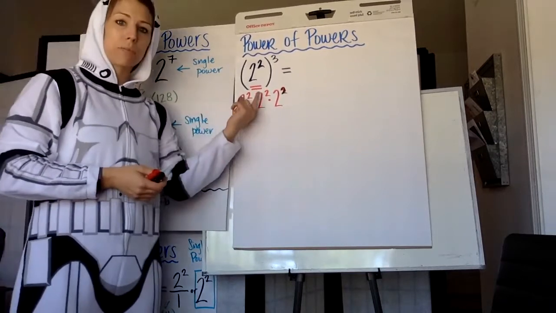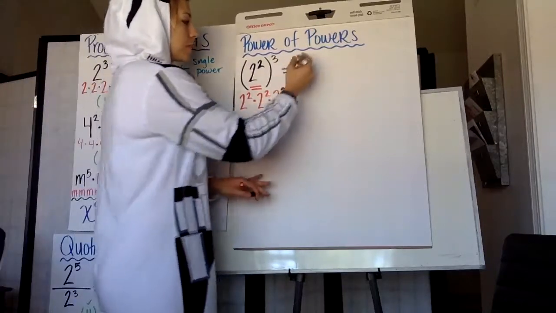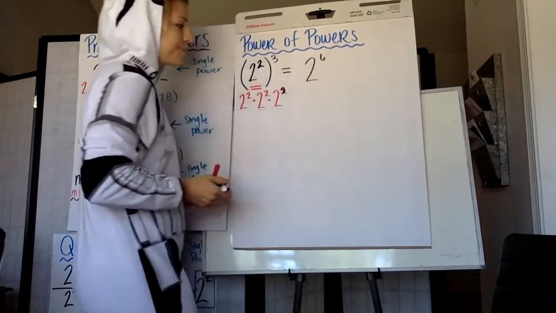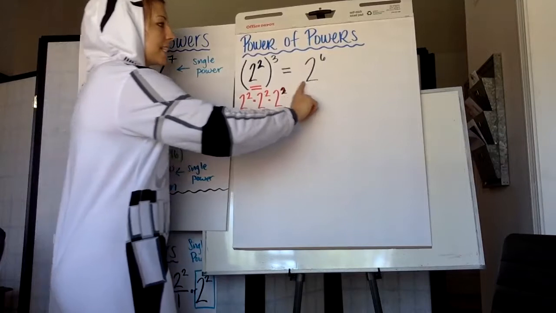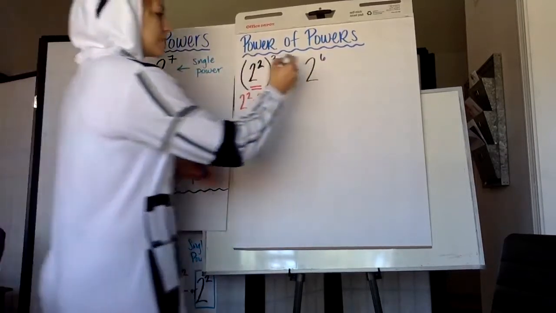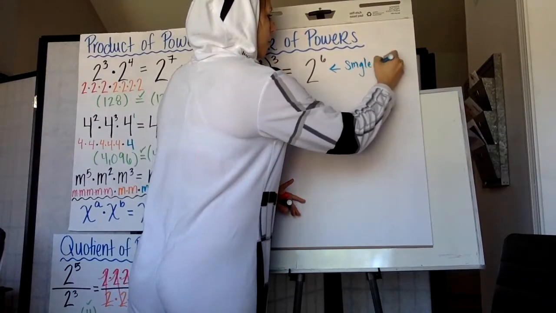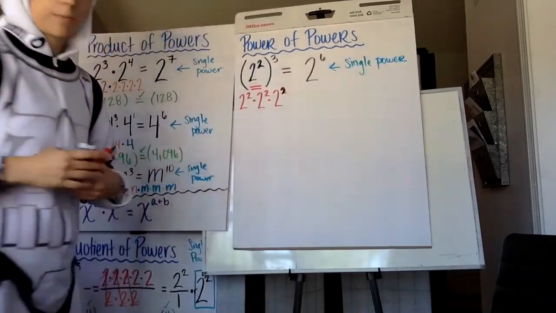I've got 2 here, plus 2 more here, plus 2 more here, for a grand total of 2, 4, 6, 2 to the power of 6. So I've got 6 total 2s. And remember, this is called a single power. Single power meaning just one.